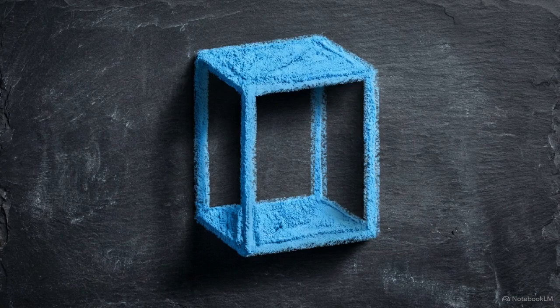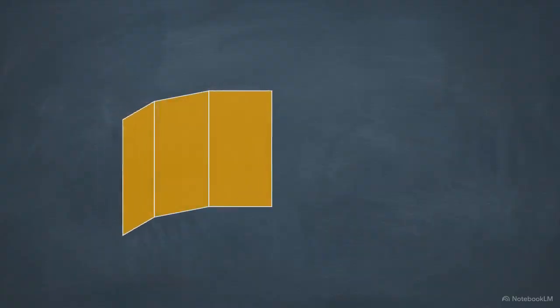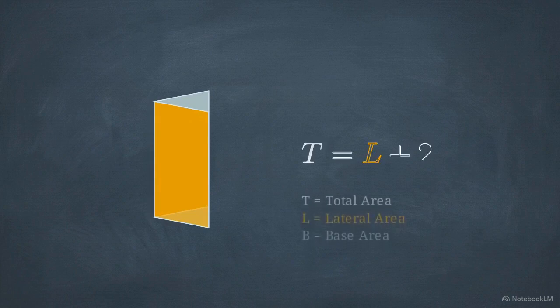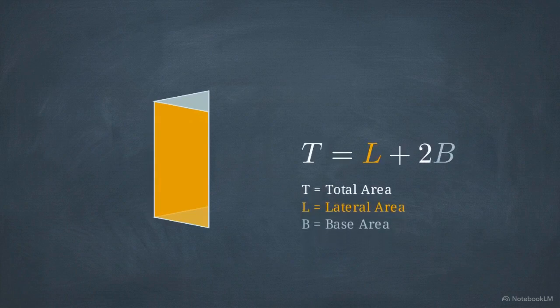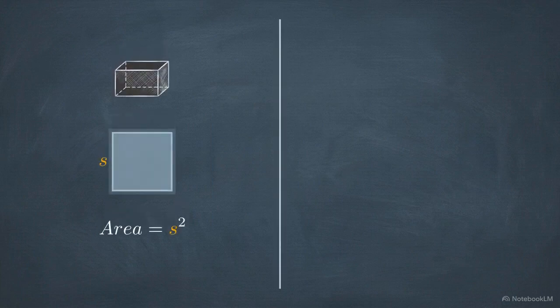Once you have the lateral area, you can easily define total area, which accounts for the entire exterior surface of the shape. To find total area, you simply take that lateral area and add the area of the two bases. The formula is T equals L plus 2B. The exact mathematical formula used to find the base area changes entirely depending on the polygon.